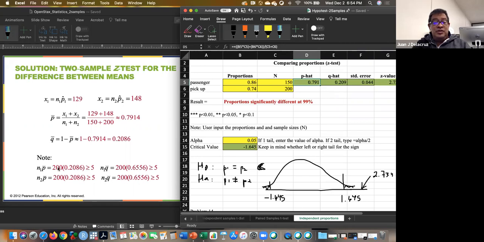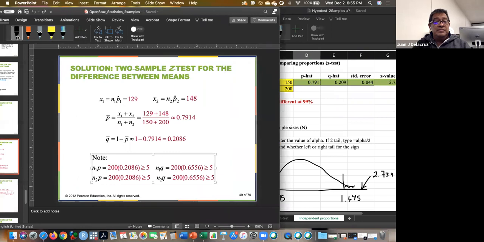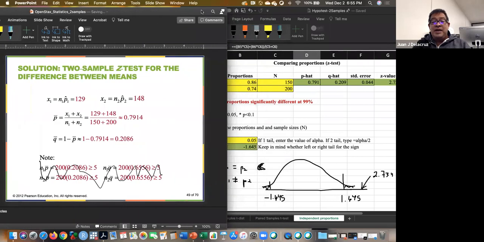Sample number 2 is 200, but sample number 1 is 150. So this is definitely wrong. Please scratch this from your work because this is wrong. The values that we are using here might be more accurate. Here they are using the sample size times the p-bar, and this is the sample size 1 times q-bar. So I think the formula is accurate, but the values are not.